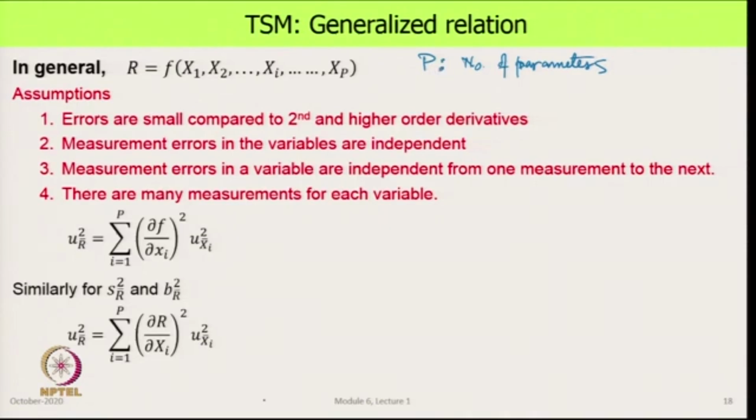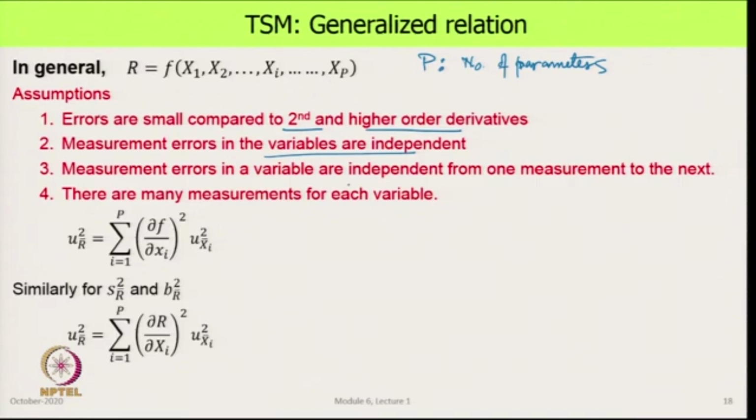And the assumptions under which this analysis is valid: errors are small compared to second and higher order derivatives, that is number 1. Number 2, measurement errors in the variables are independent of one another.